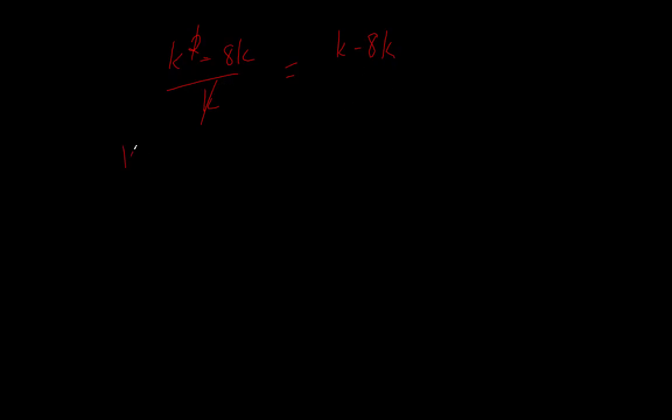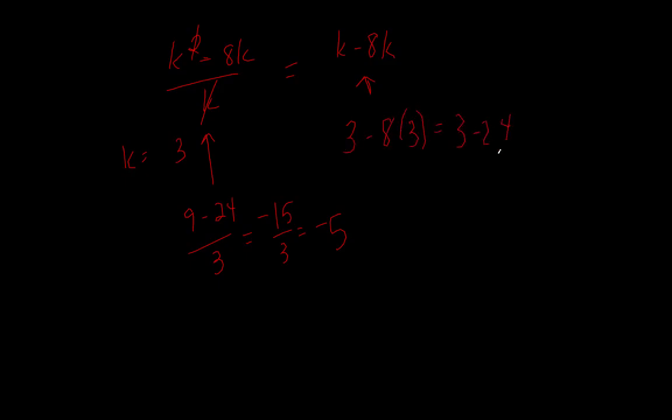So let's say k was 3. Then if I plug it into this one, I get 9 minus 24 over 3, equals minus 15 thirds, which is minus 5. And on this one, I would get 3 minus 8 times 3, which is 3 minus 24, which is negative 21. These are not equal, so clearly that's not okay to do, but people do it all the time.